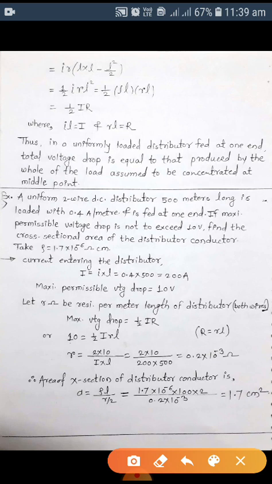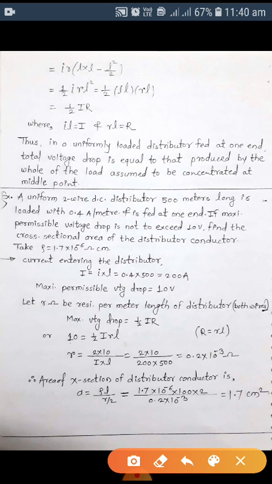Now let's assume that r ohm be the resistance per meter length of distributor, that is the resistance of both the wires, means resistance of phase as well as return conductor. So maximum voltage drop equal to 1 by 2 I into R, which is taken from the above derivation.